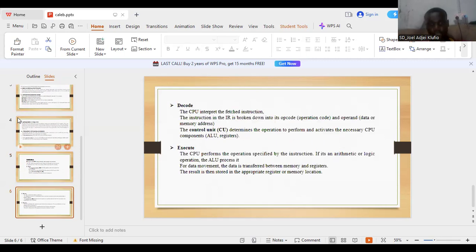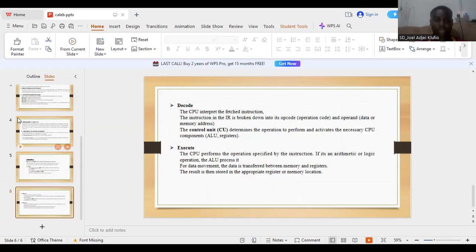Then we move to the decode. Let's say in programming, you type in English, which is a high-level language, and then we have the assembly language. So the decode simply interprets the human language into machine language, so the machine can understand and execute. The decode is the stage where processing takes place.